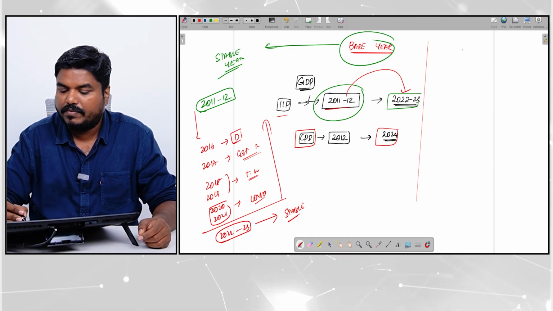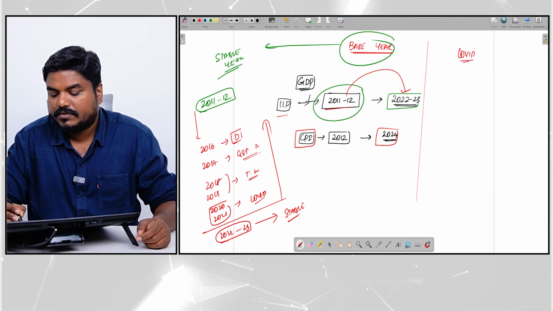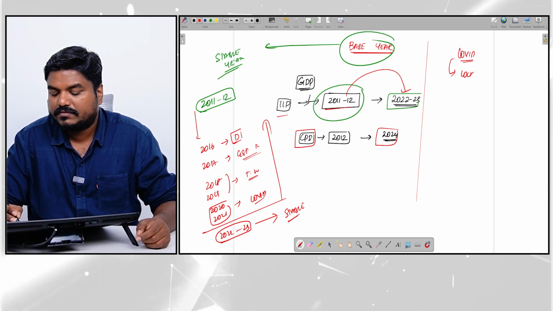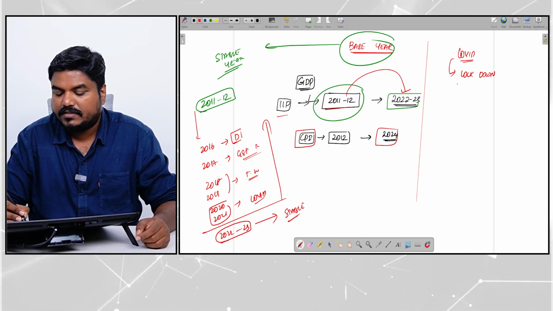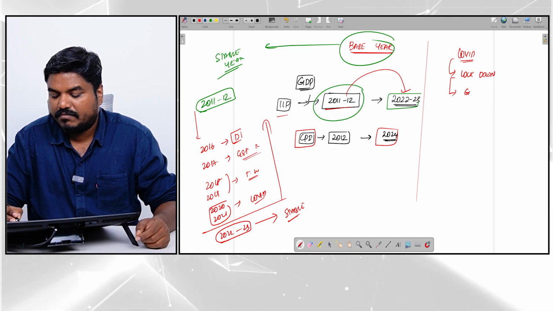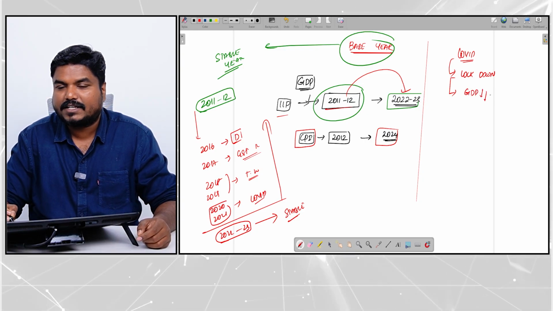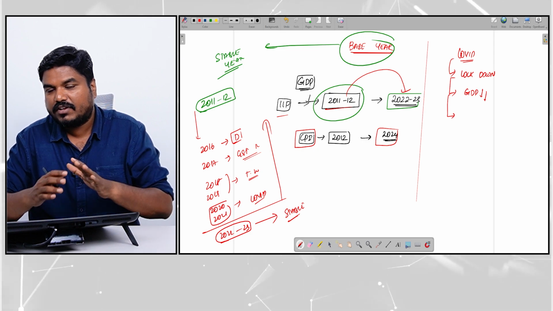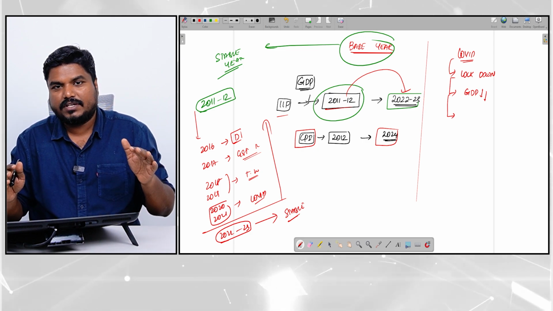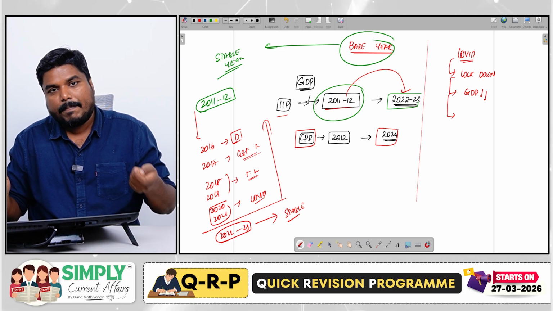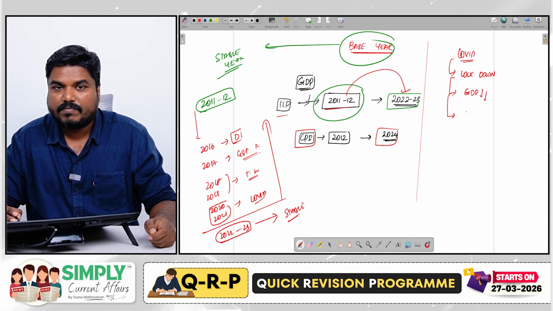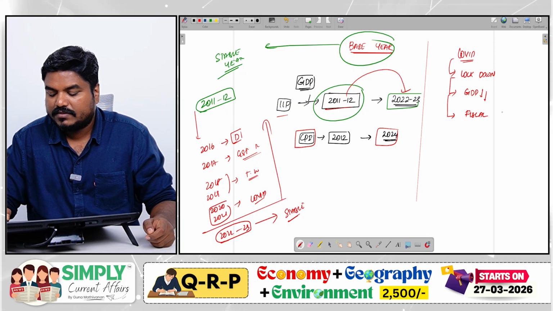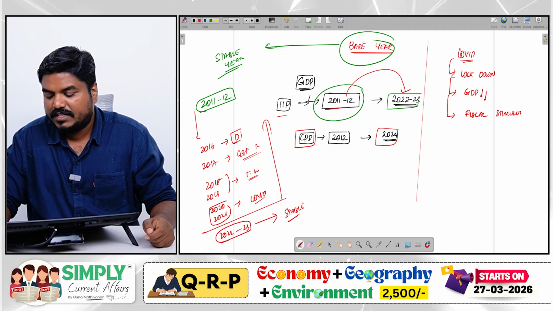This COVID resulted in lockdown. This lockdown resulted in GDP contraction. So to stimulate the economy after the lockdown, once vaccination was to some extent possible, the government went for fiscal stimulus.